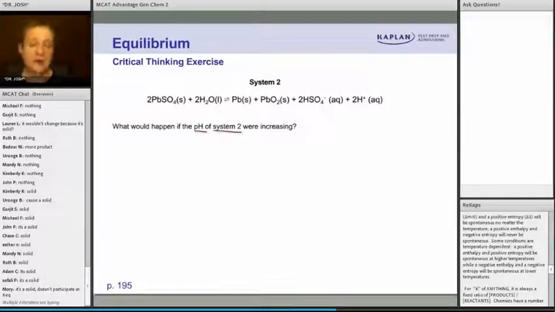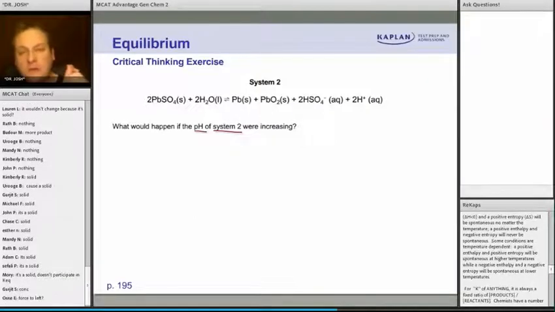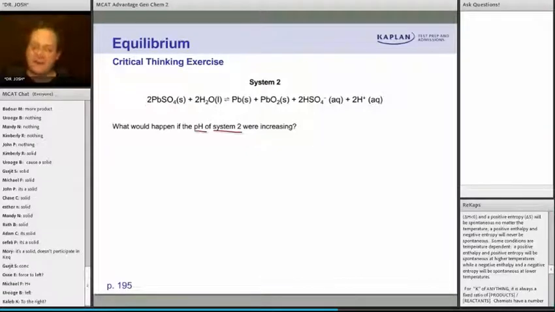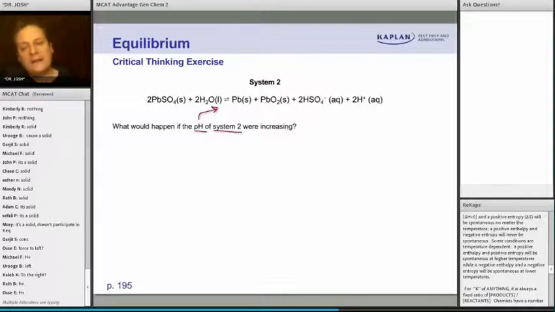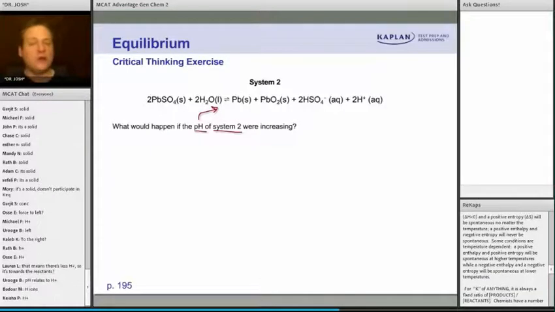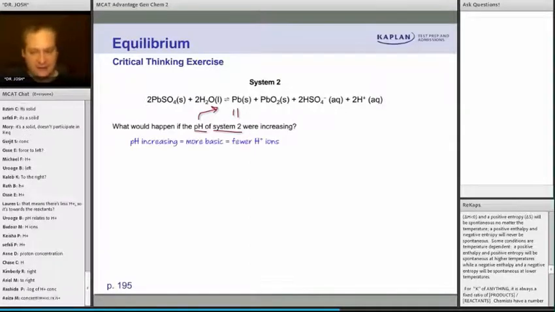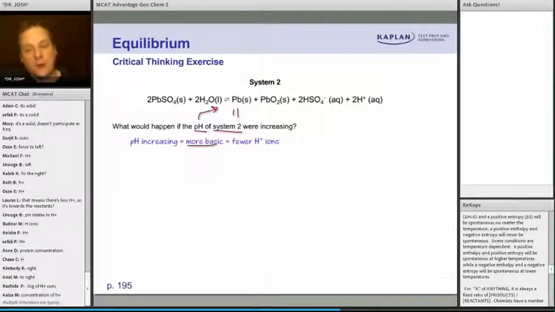Next, what happens to the pH? Or what would happen if pH increases? Now, this one is a very common way for the MCAT to coax us into comfortability. What does pH directly relate to? Note, we don't have a Le Chatelier principle for pH and acidity and basicity, but it means protons.